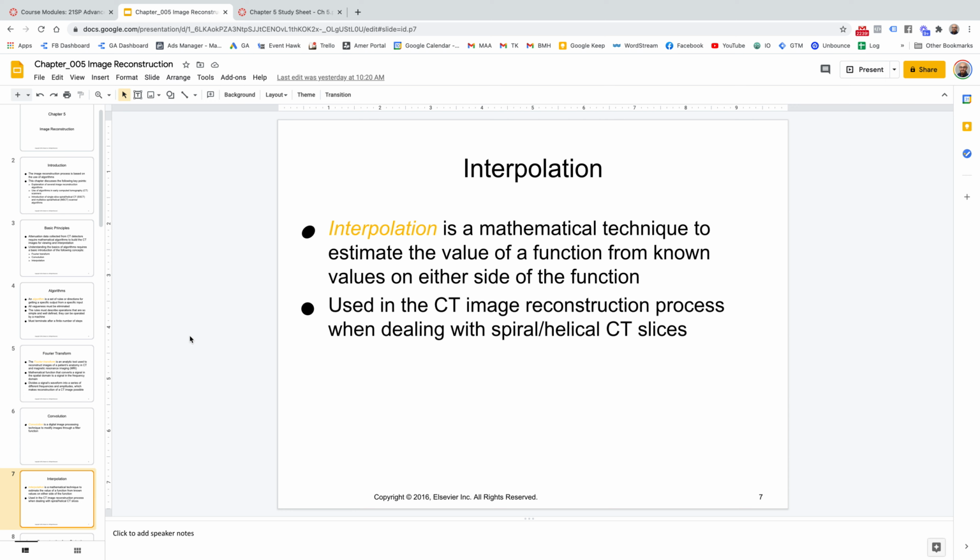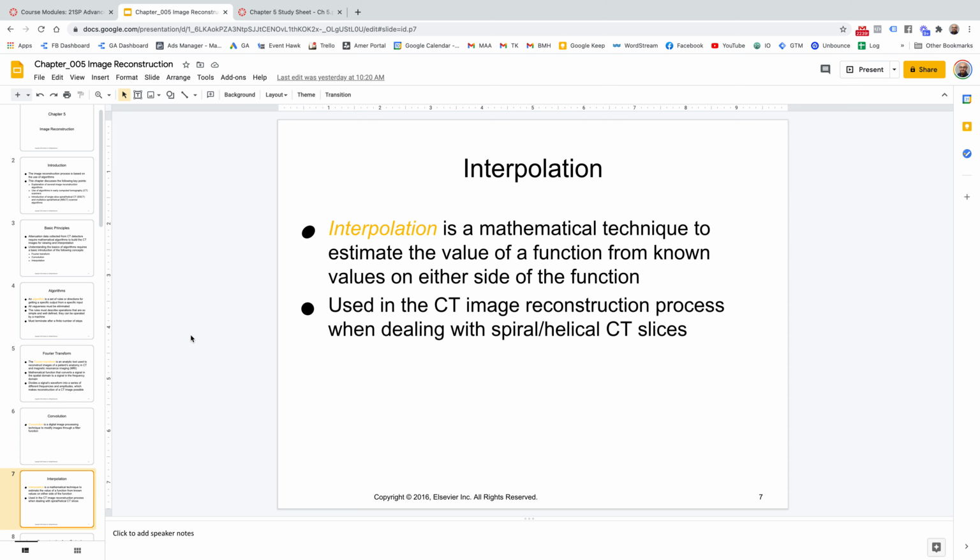It's going to be a very small area. If we do, for example, 5 millimeter slices every 5 millimeters, then you're perfectly overlapping. But even then, because the patient is constantly moving while it's scanning, there's going to be some spaces, and we'll talk about interpolation some more, but basically we estimate the values in those spaces.